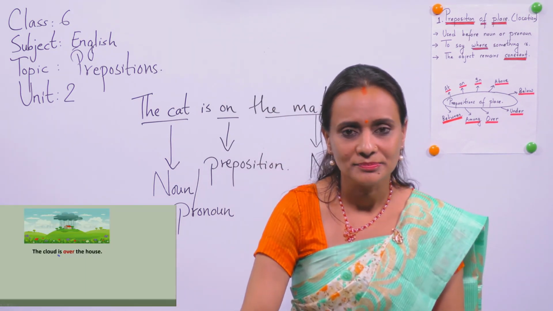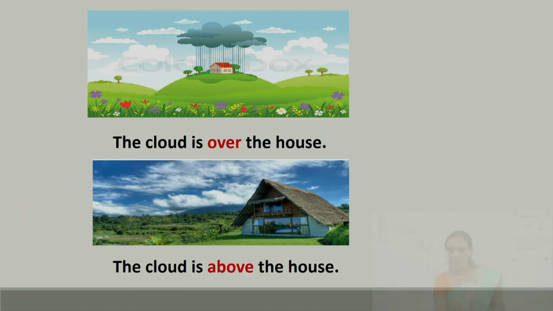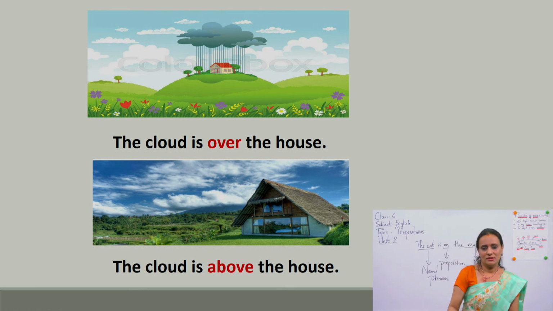Let's see it. Okay, my dear students, what can you see here? You can see two houses, isn't it? Now, in the first house here, the cloud is over the house. Why is it over here? As I have already told you the rule.